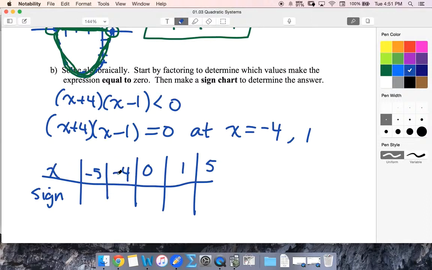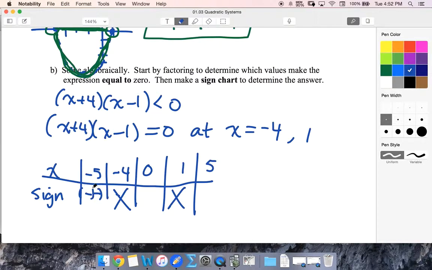Well, if I plug in -4, I know I'm going to get 0. So this sign doesn't exist. It's not applicable. At 1, I also get 0. 0 is neither positive nor negative. But now if I plug in -5, -5 plus 4 is negative. -5 minus 1 is negative.